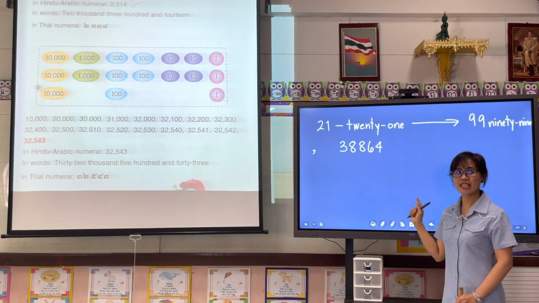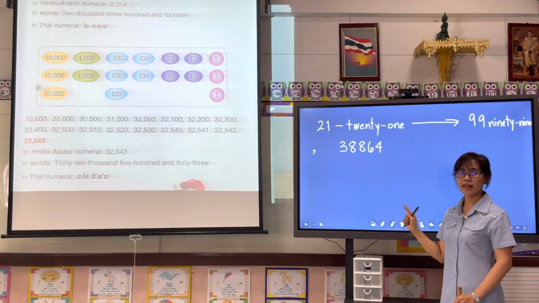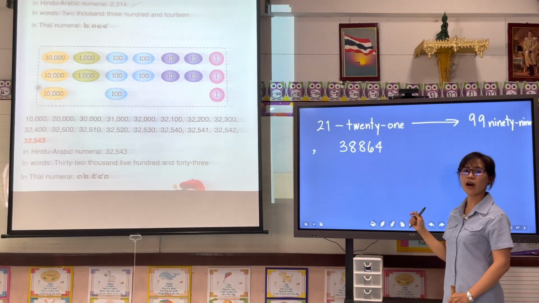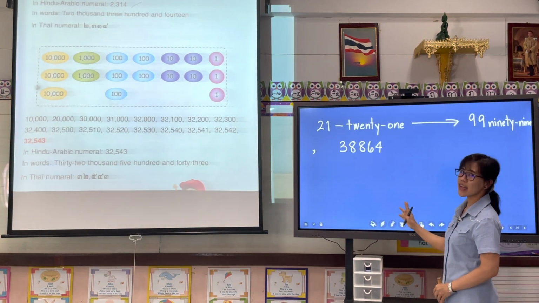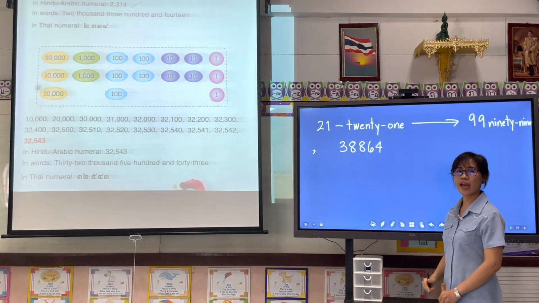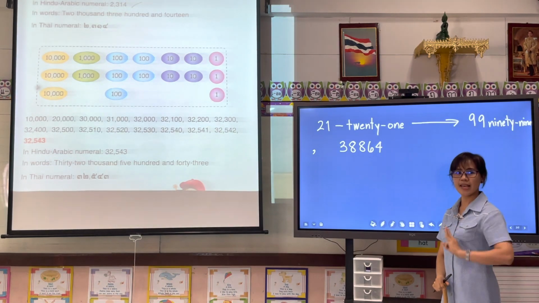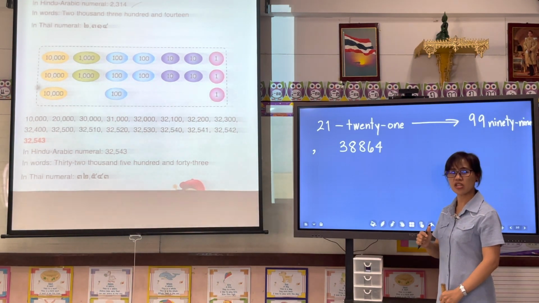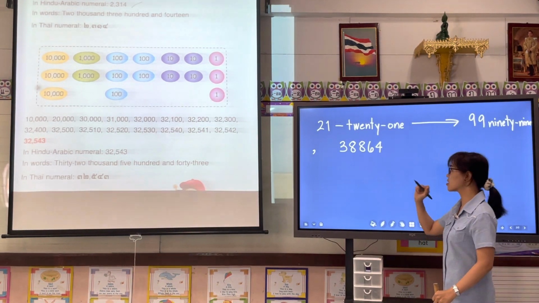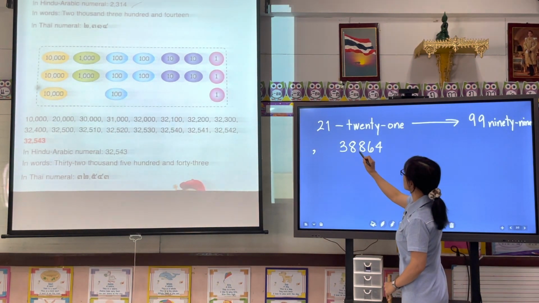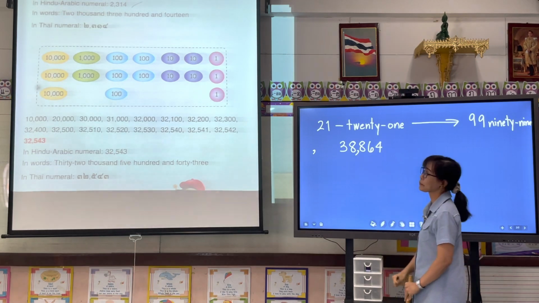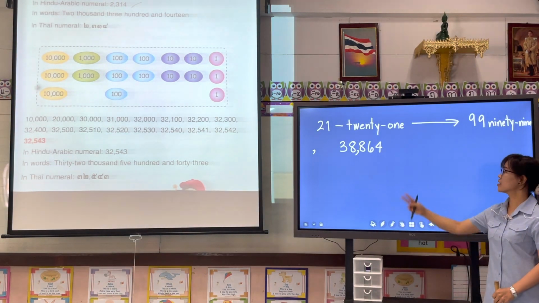Every 3 decimal places. That means you count from the ones to the tens, hundreds. After 3 digits, insert your comma. So 1, 2, 3, that's comma. So this is now a number.